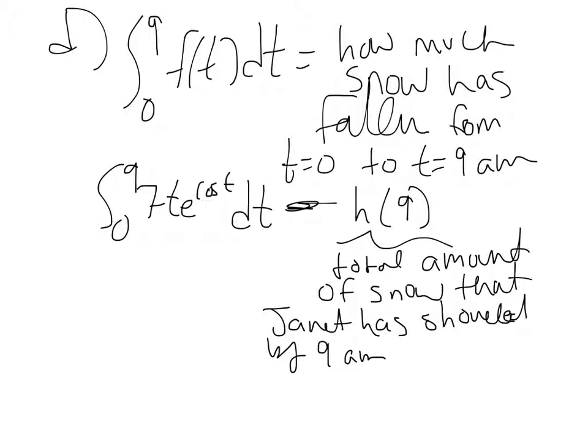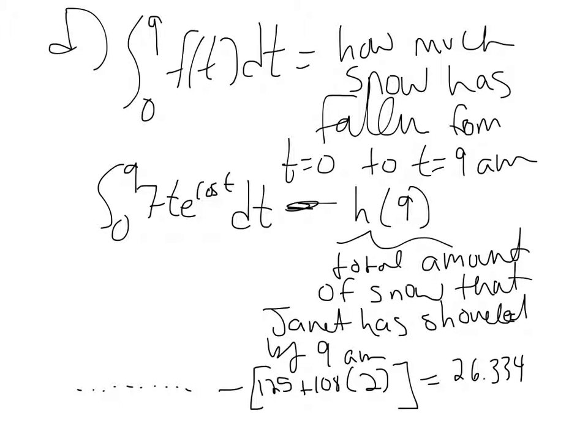So when I do that, I'm going to just let you do this part on your calculator. Minus h of 9 is 125 plus 108 times 2. And when I do that, I get feet cubed.